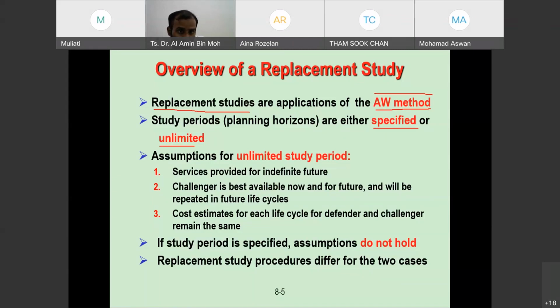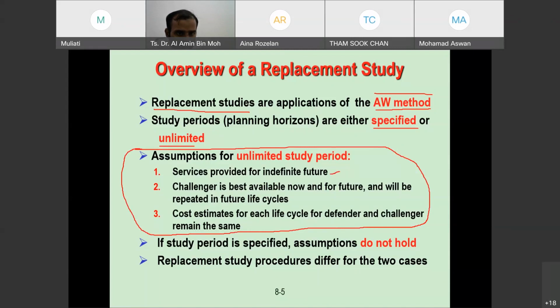There's no time limit. Okay, so if there's an unlimited study period, there are several assumptions to be made. Service is provided for an indefinite future, so never ending. Okay, that's the assumption.